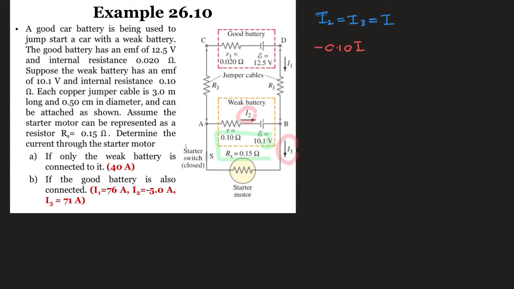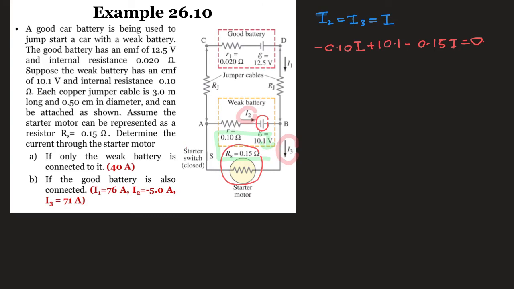And for the voltage 10.1, the assumption loop is moving from lower to higher potential between the terminals, so I'm going to get positive 10.1. For the RS here, because my assumption loop is in the same direction as the current inside the circuit, you are going to get negative 0.15 I, and it is equal to 0.